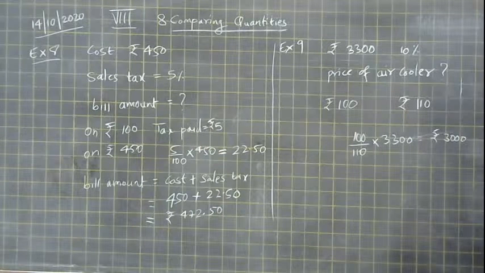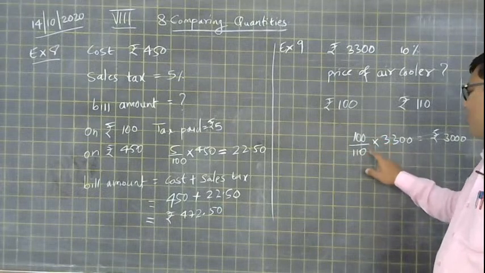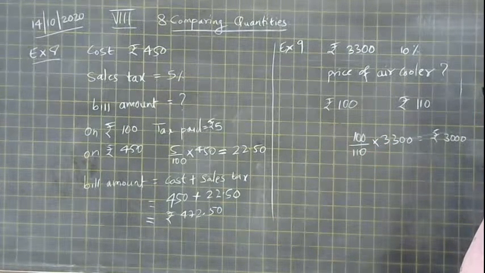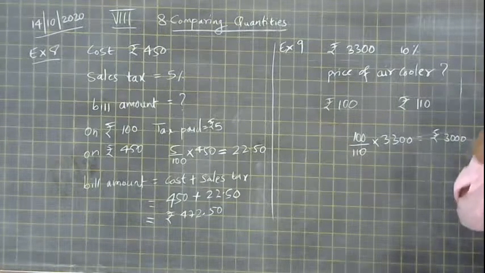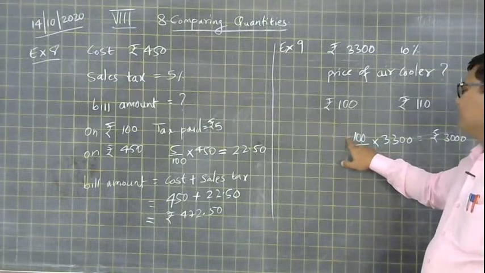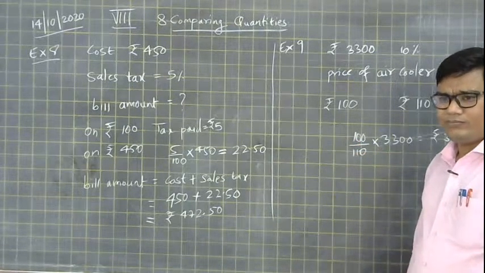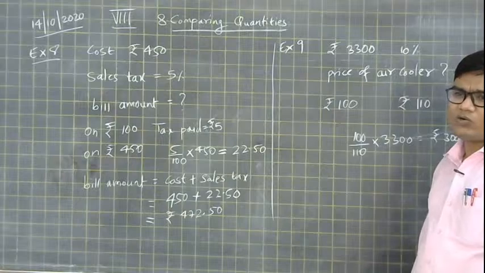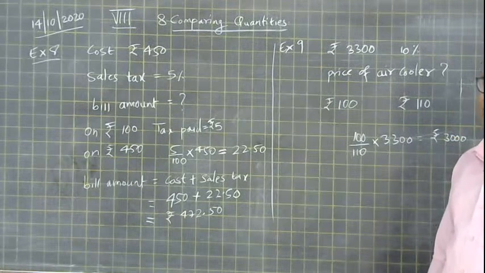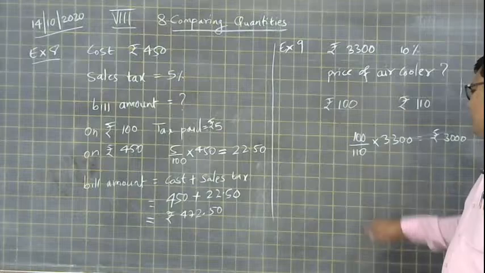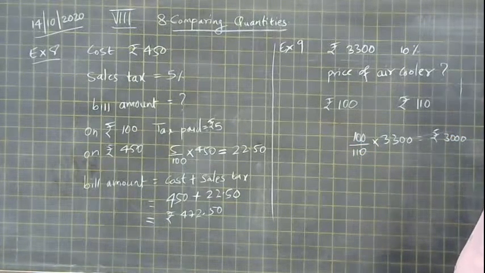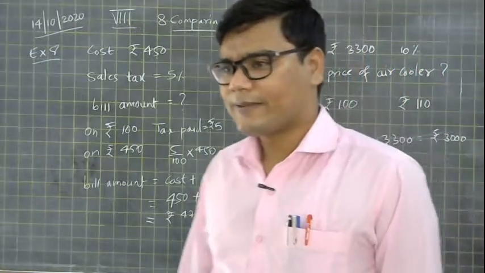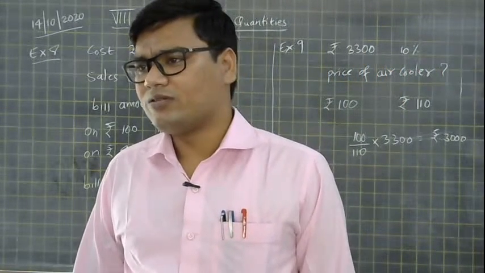The price of the air cooler is 100 upon 110 into 3,300, which is equal to rupees 3,000. This 100% is the price of the air cooler without VAT, so 100 upon 110 into 3,300.